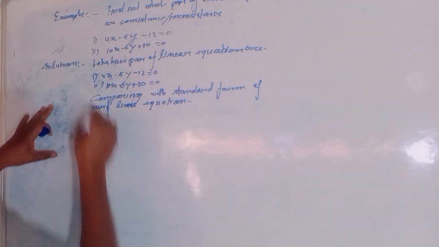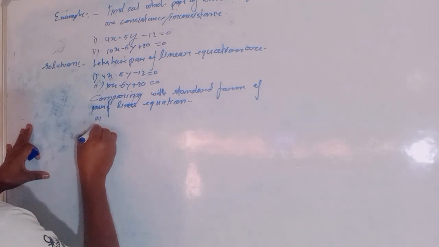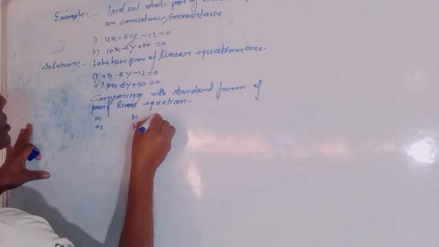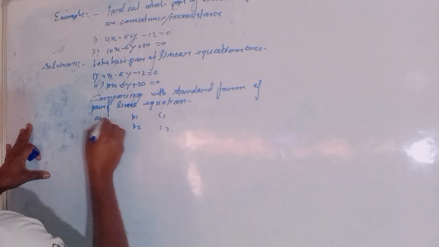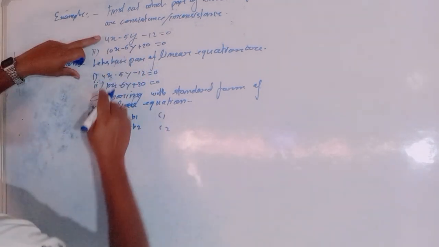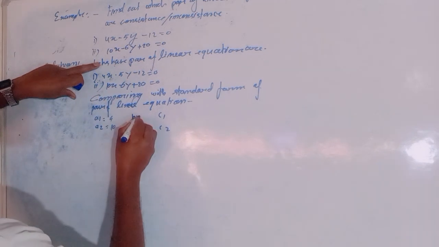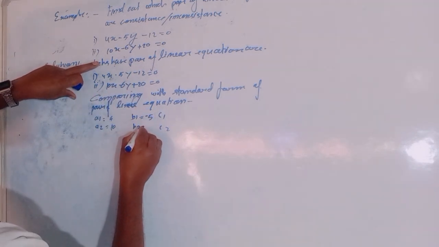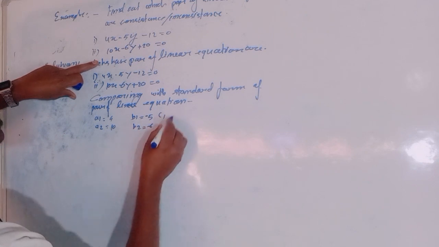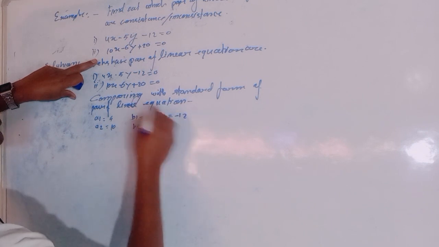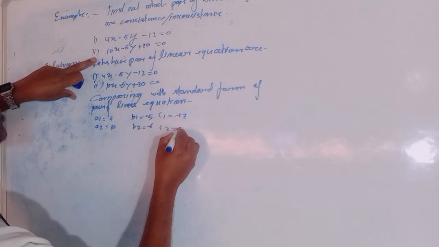So we will take a1, a2, b1, b2, c1, c2. a1 is here 4 and a2 is 10, b1 is minus 5, b2 is minus 6, c1 is minus 12, c2 is 20.